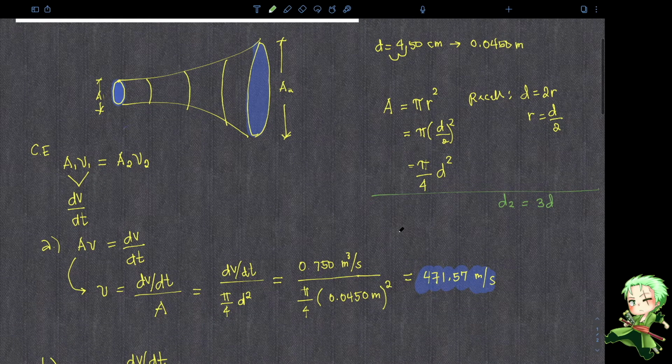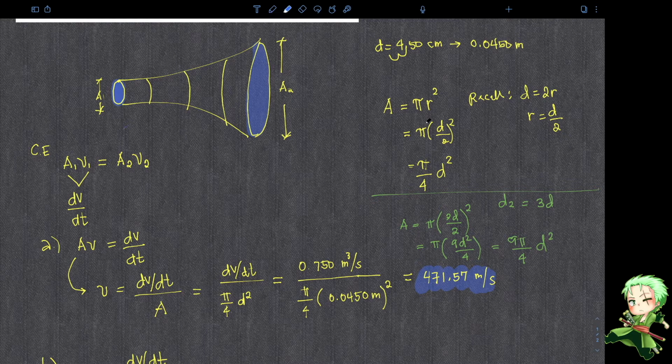So our cross-sectional area will be given by pi, and then our radius is 3d over 2. This is the same as diameter over 2, but the diameter now is 3 times the diameter. So you have 3d over 2. You square that, so you have pi multiplied by 9d squared over 4. So you simply take out the constant, so you have 9 pi over 4 times a constant d squared.